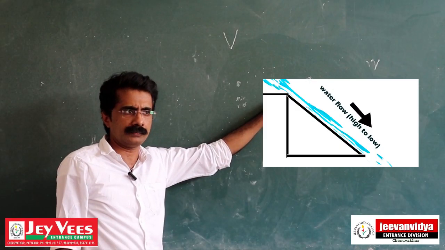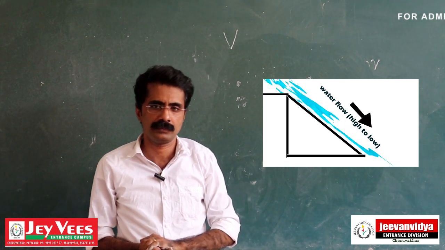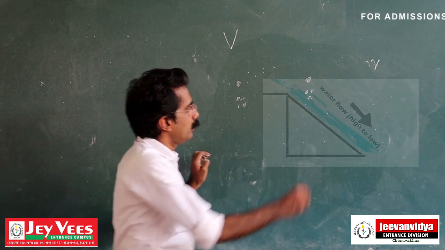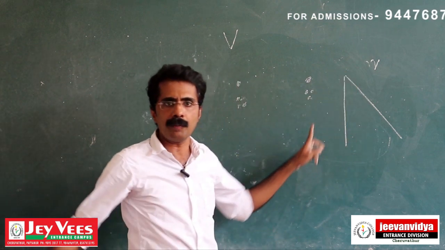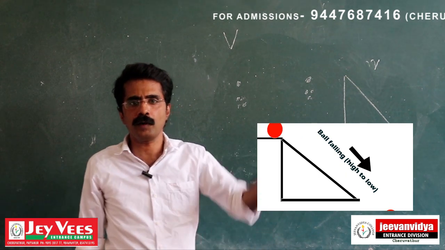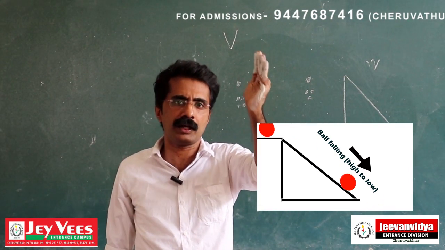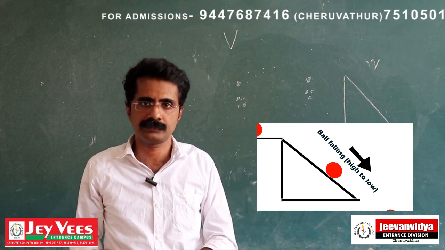In the case of water, the water flows from higher potential to lower potential. A ball placed on an inclined plane rolls down from higher gravitational potential to lower gravitational potential.